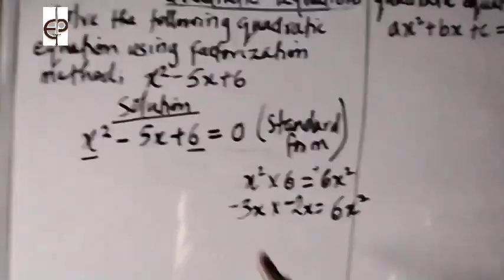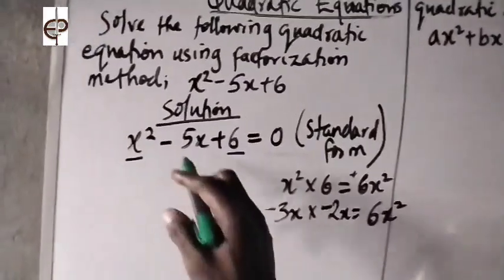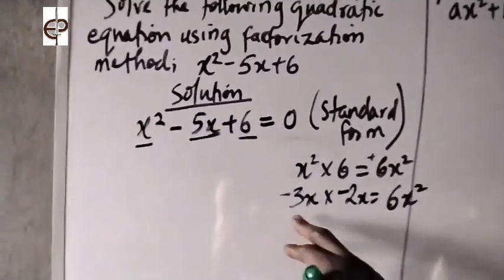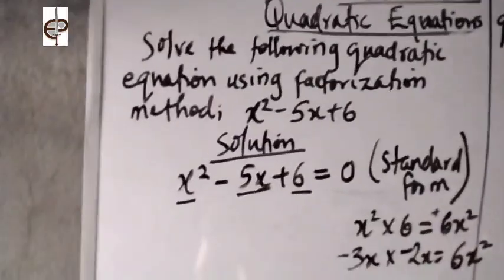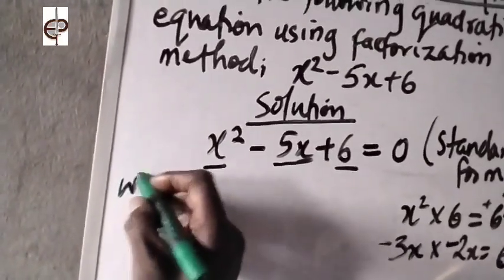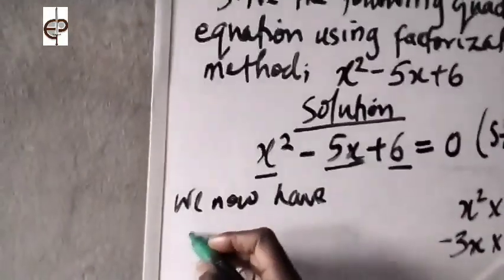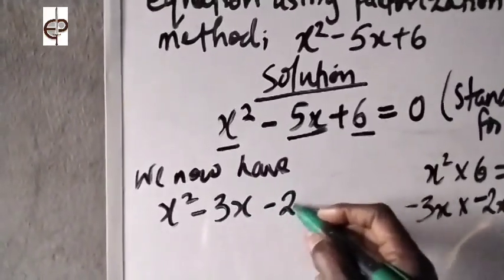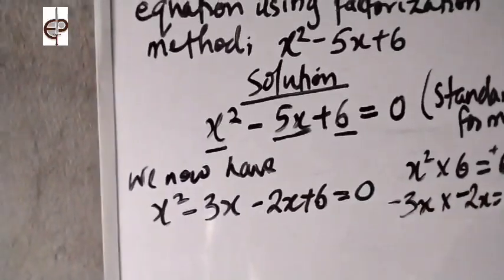And when you add minus 3x to minus 2x, you get the middle term minus 5x. So minus 3x and minus 2x become the terms that we are interested in for this problem. So we now have x squared minus 3x minus 2x plus 6 is equal to 0.